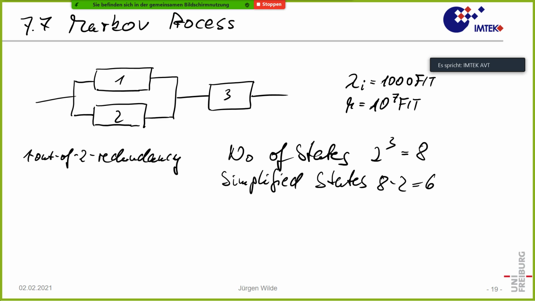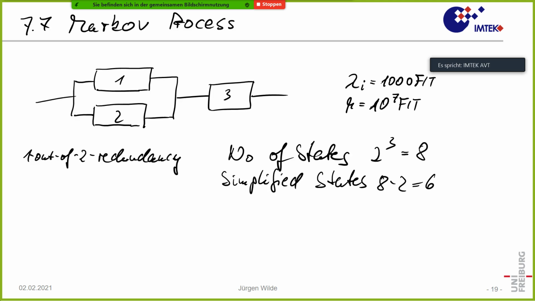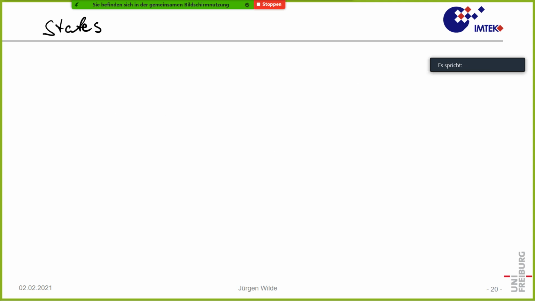So what can we now write down? When we take the states, we can call that block A. And that is element 3.